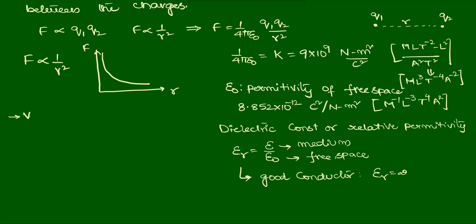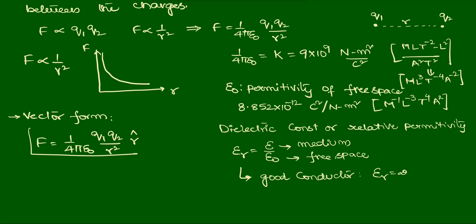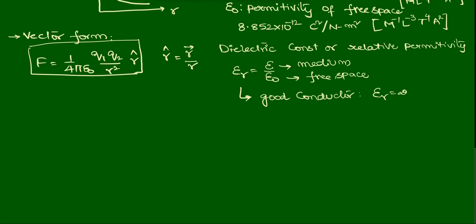And the vector form of Coulomb's law we can write like this: F is equal to 1 by 4 pi epsilon naught Q1 Q2 by R square into R cap, where R cap is the unit vector along the line joining the two charges, and this R cap is given as R bar by modulus of R bar.